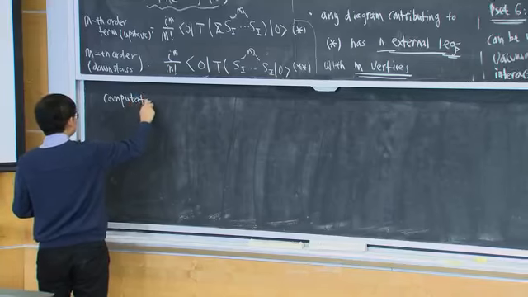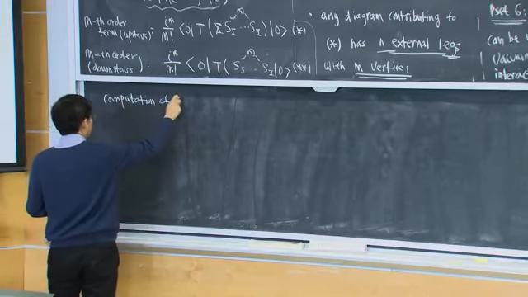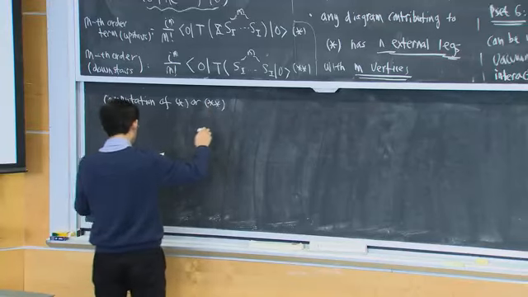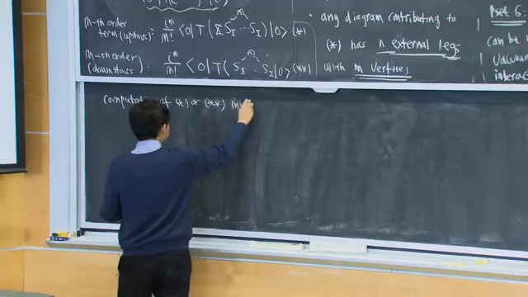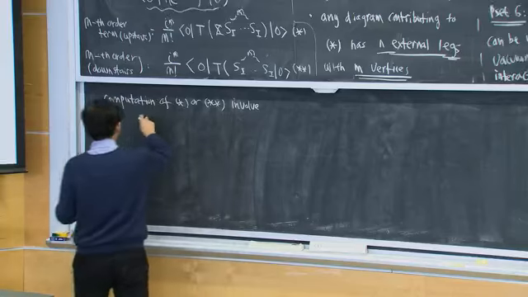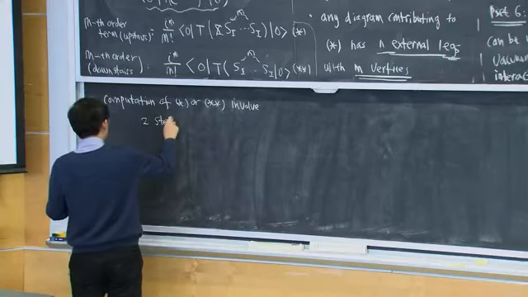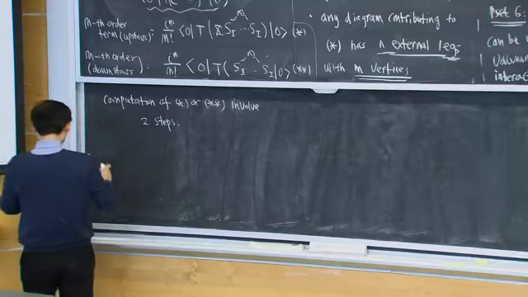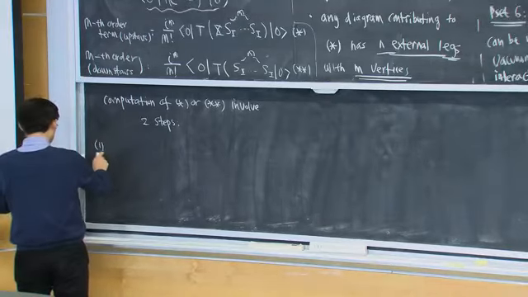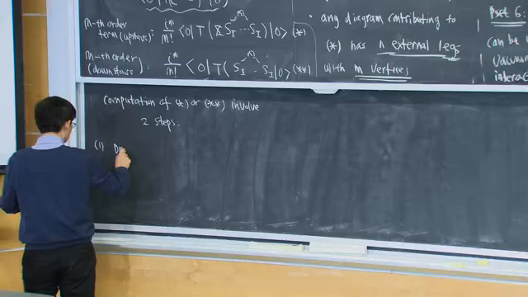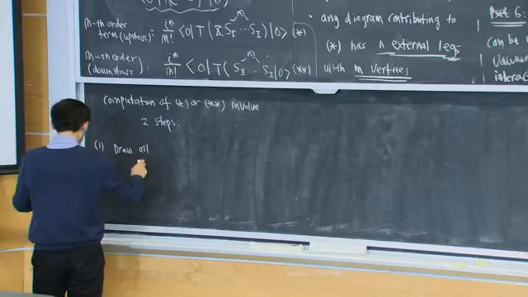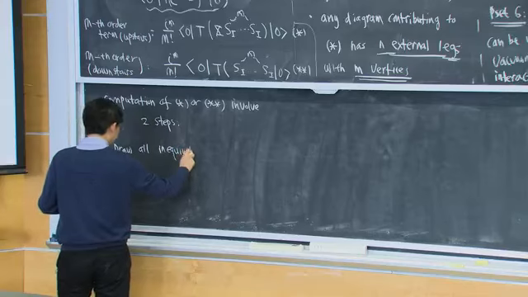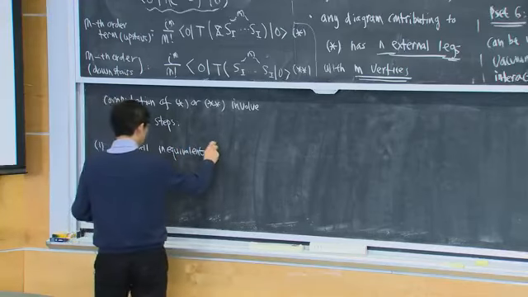The computation essentially involves two steps. I just elaborate that remark in the bracket: we first draw all possible, all inequivalent Feynman diagrams.